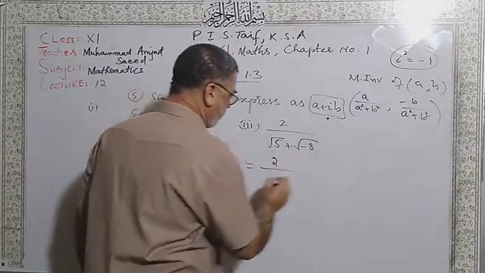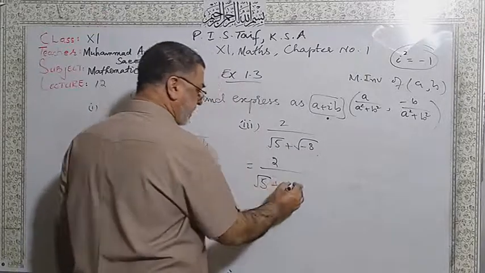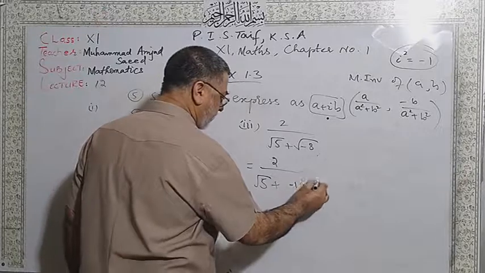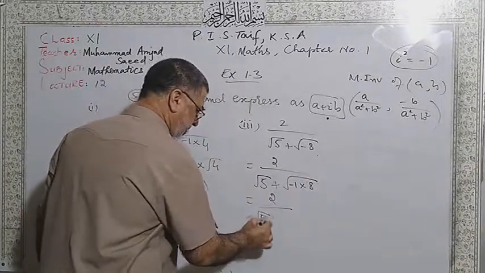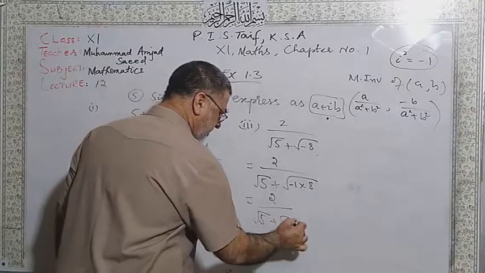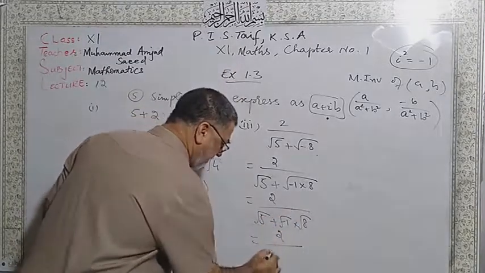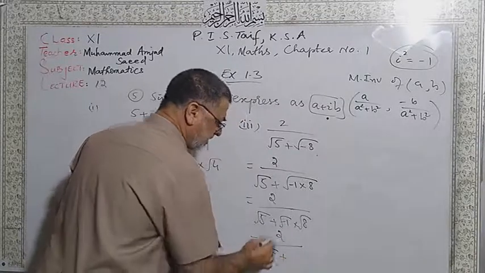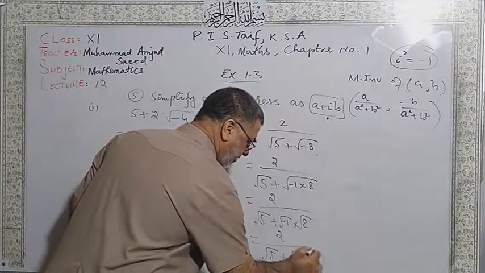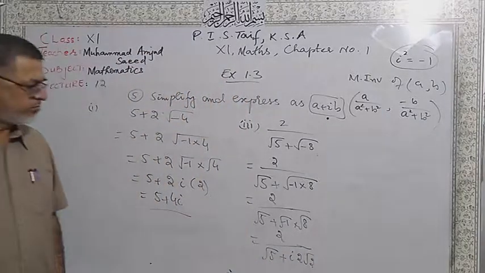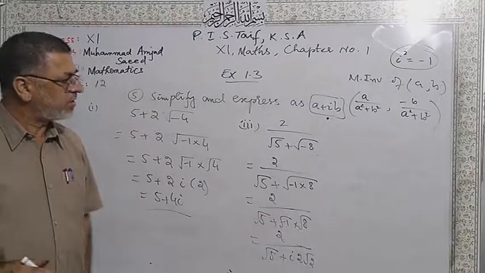First of all, we write 2 over the square root of 5 plus the square root of minus 1 into 8. The square root of minus 1 is iota, and the square root of 8 is 2 into the square root of 2. Remember that.